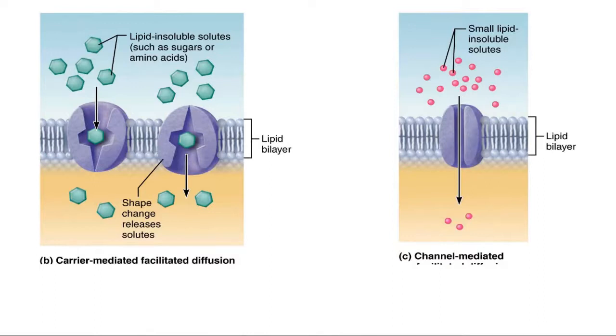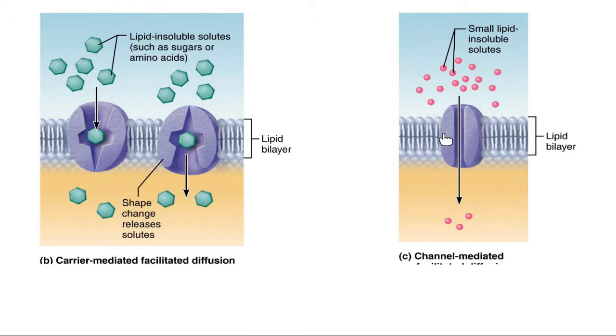Big idea for us to think about as we're talking about our lesson today. If I can't go straight through the membrane, I'm going to use a special tunnel, a protein tunnel, to get me there. So, big picture, if you can go straight across the membrane, you're going to.